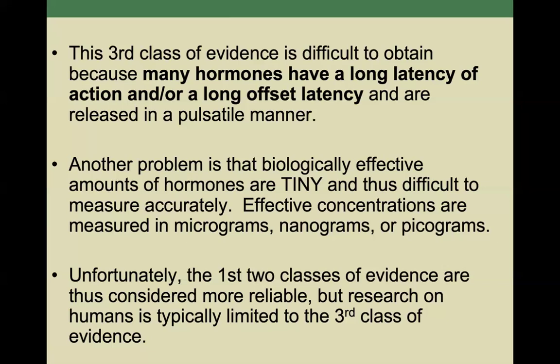And additionally, unfortunately, the first two classes of evidence are very important for reliability, but hard to determine in humans. You cannot easily remove the testes from humans to see what effect that might have, for example. So most human studies tend to be limited to just this third classification system, which is in and of itself very limited by this first point.